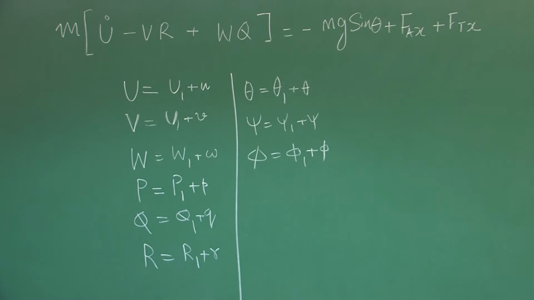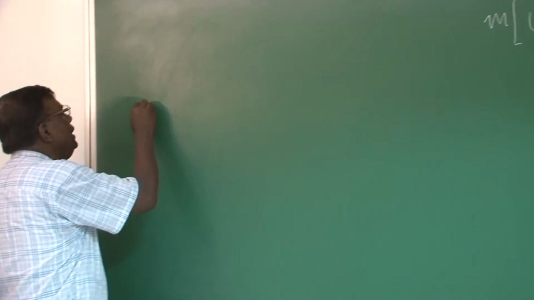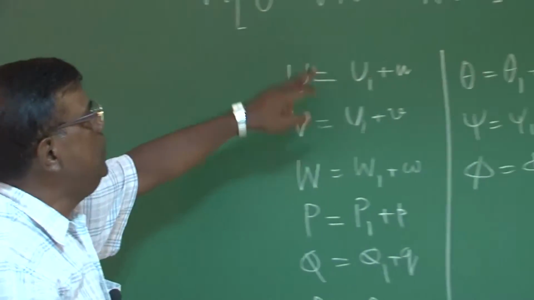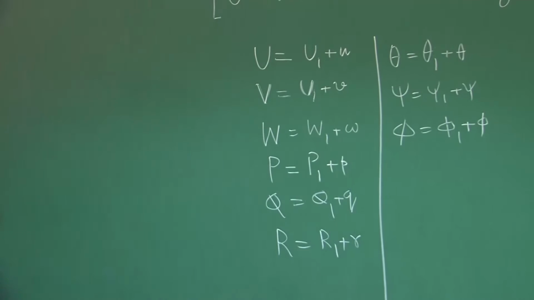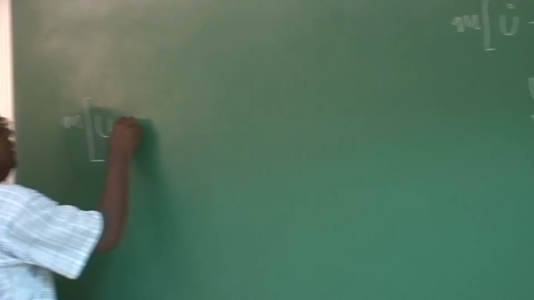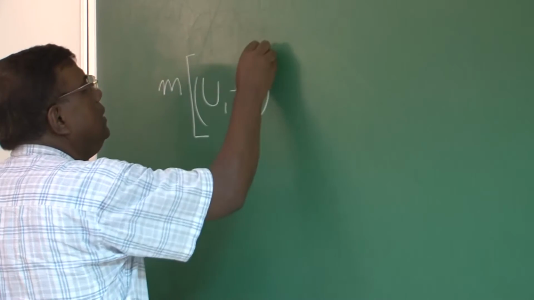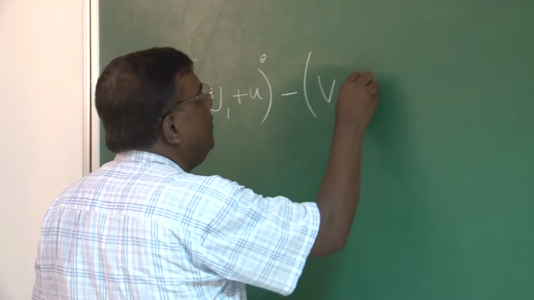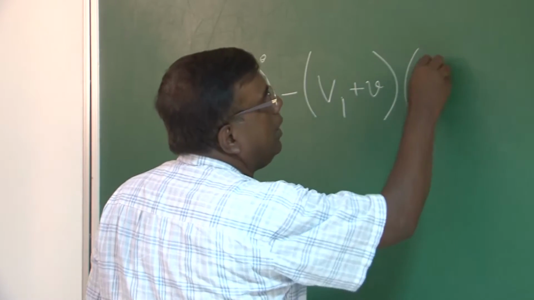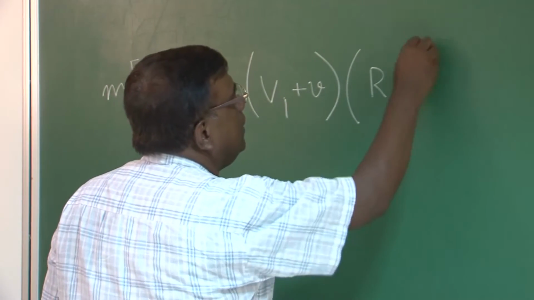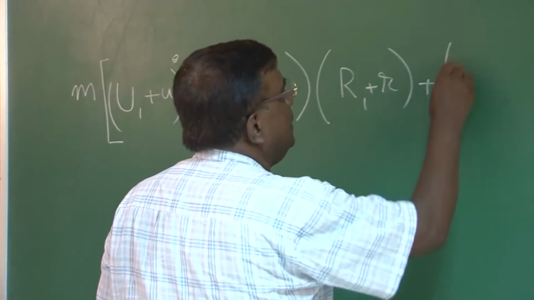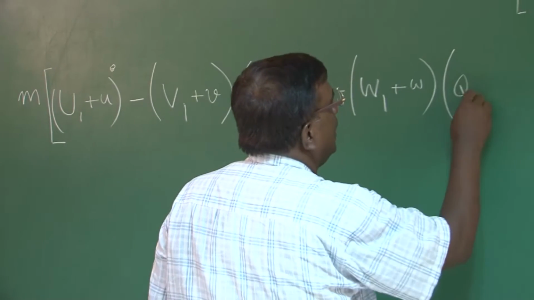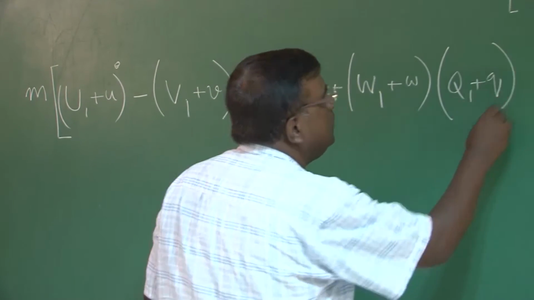So what will happen? It's a mechanical approach. You see, I write m for u. What should I write now? u1 plus small u. Okay? It will be u1 plus small u dot, then minus v1 plus small v, r1 plus small r, plus w1 plus small w and q1 plus small q.